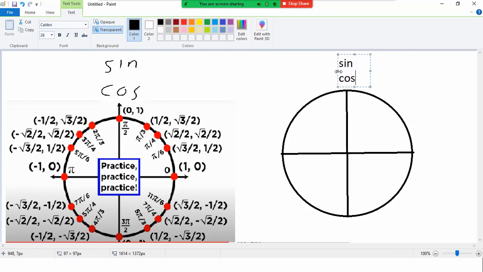All right. So this is what I mean, this is the trick. Draw the circle, you draw this, and you label sine and cosine. Sine kind of looks like this. Cosine kind of looks like this. All right, so this is a good starting point.